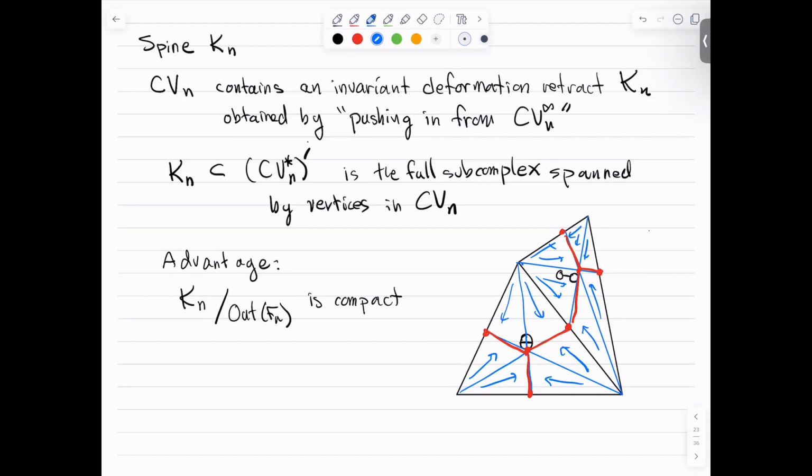And as I said, the advantage of this is that it's sitting inside of that space. This is also the geometric realization of the partially ordered set of the simplices. The action restricts, and the quotient is compact. So it makes geometric group theorists happy.